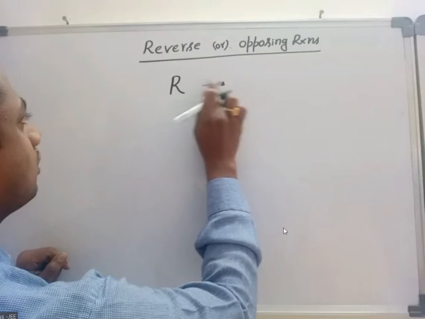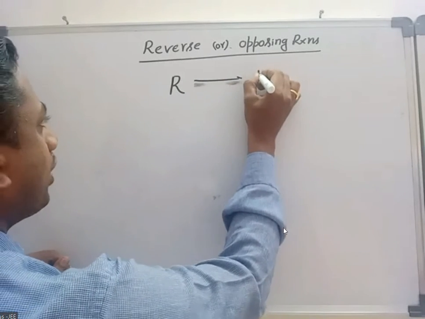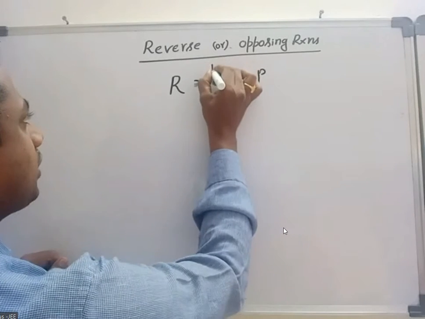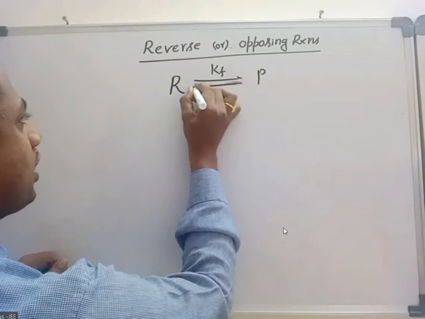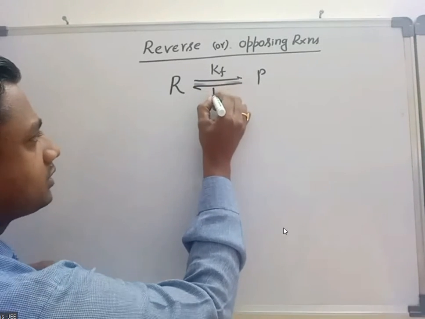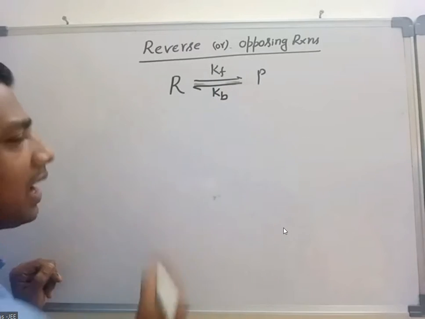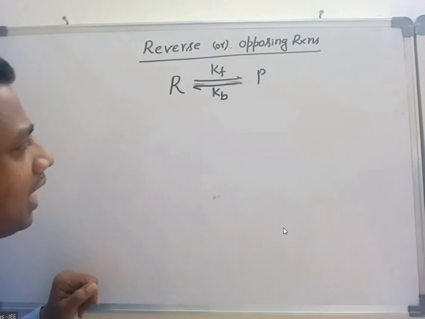Reactants are converted into products with the rate constant Kf. The products are also converted back into reactants. This is the backward reaction.